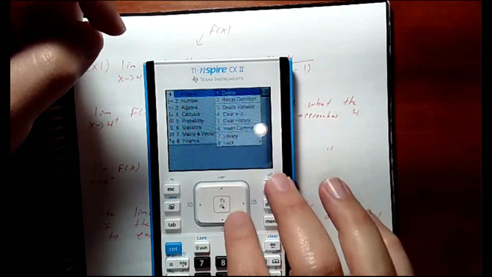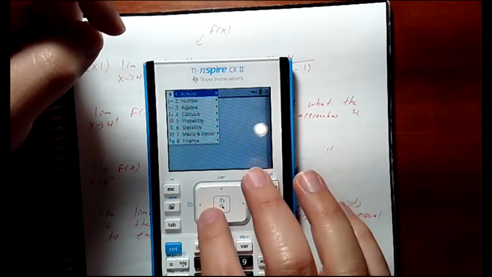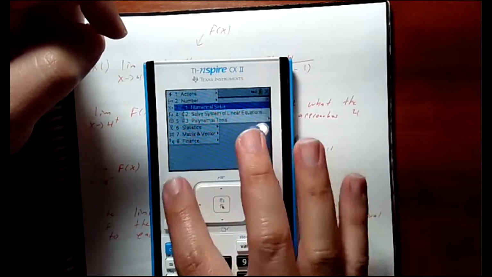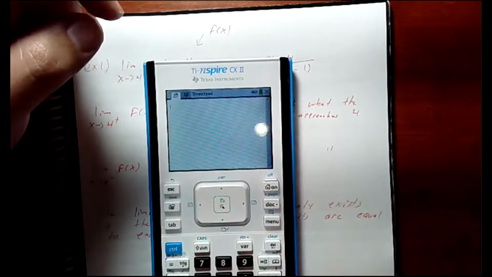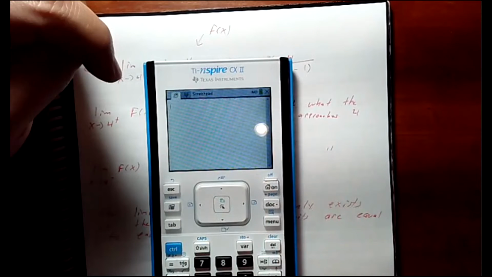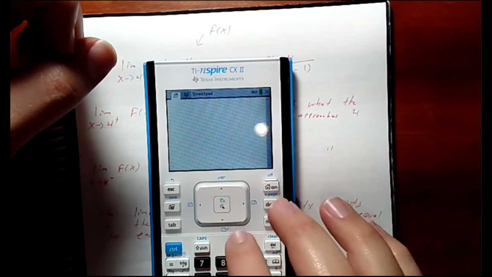Are you trying to just plug in the numbers, or are you trying to actually graph it? Well, I was trying to do both.